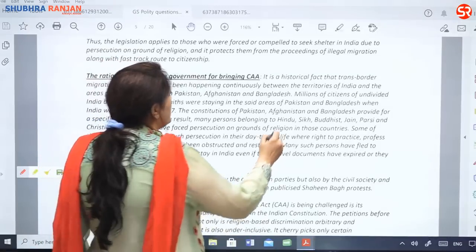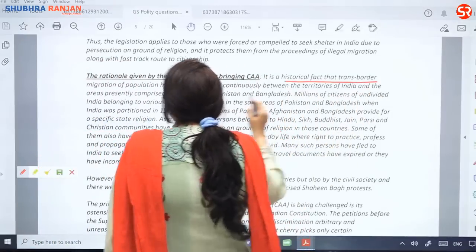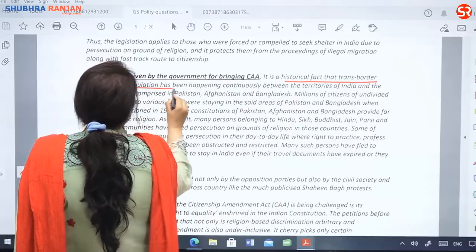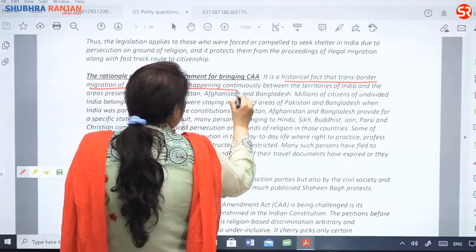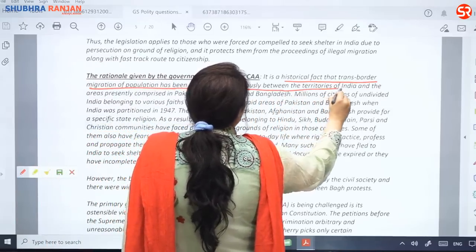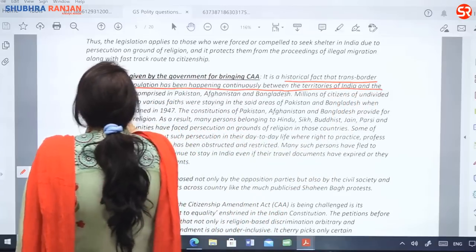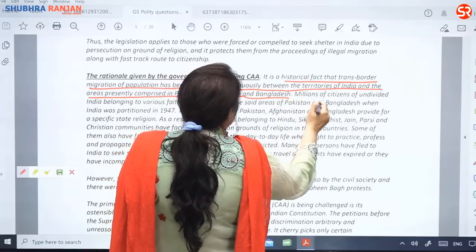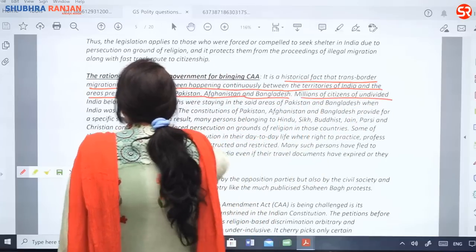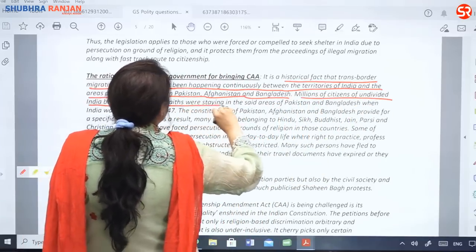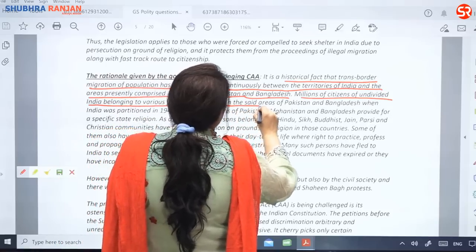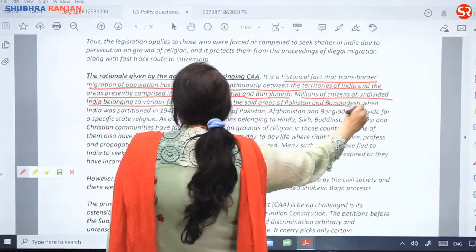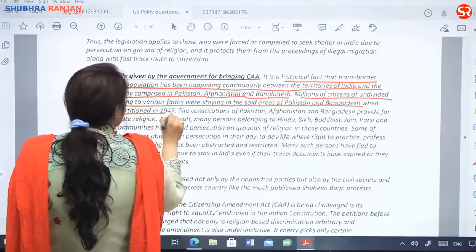It is a historical fact that trans-border migration of population has been happening continuously between the territories of India and the areas presently in Pakistan, Afghanistan and Bangladesh. Millions of citizens of undivided India belonging to various faiths were staying in the said areas of Pakistan and Bangladesh when India was partitioned.